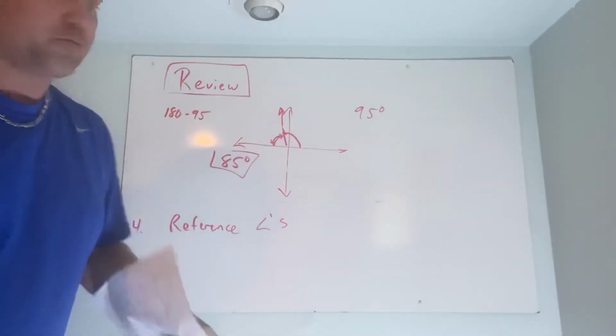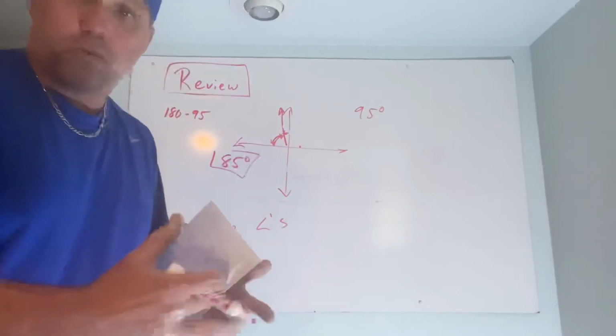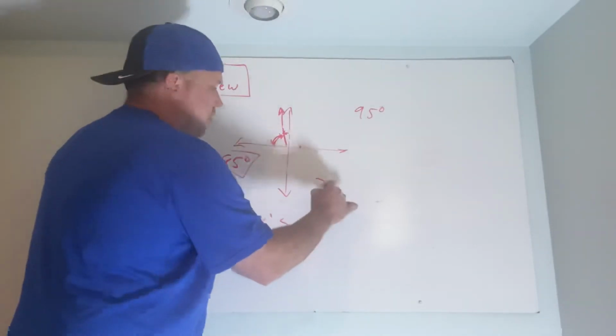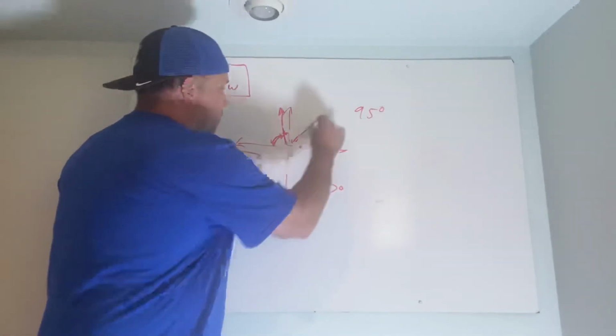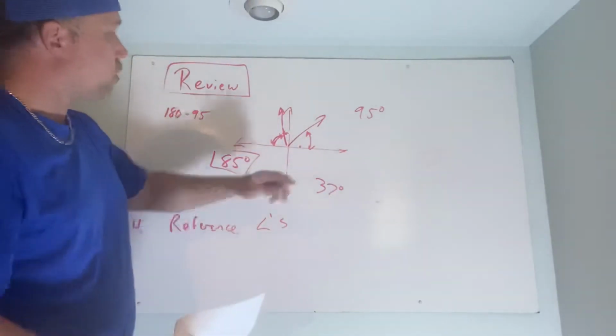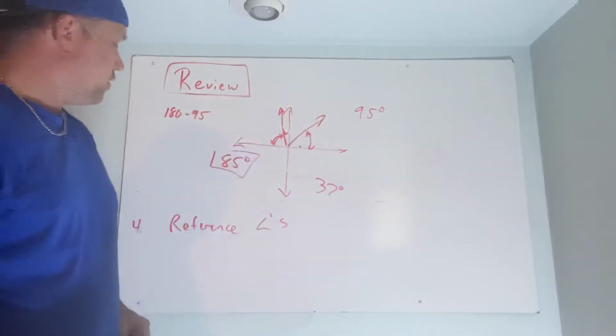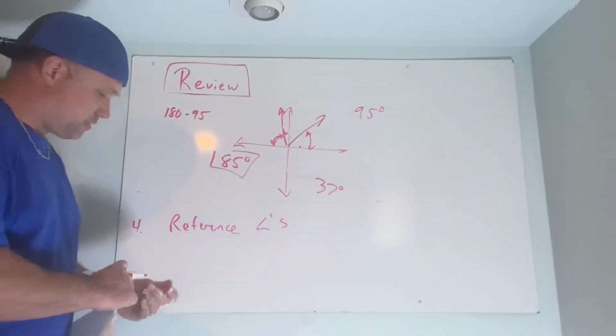The only exception would be if the angle's in the first quadrant, it already is its own reference angle. So if I asked you to find 37 degrees' reference angle, it is 37 because it's already next to the x-axis, it's already acute. All right, so that's the little tricky thing with reference angles.